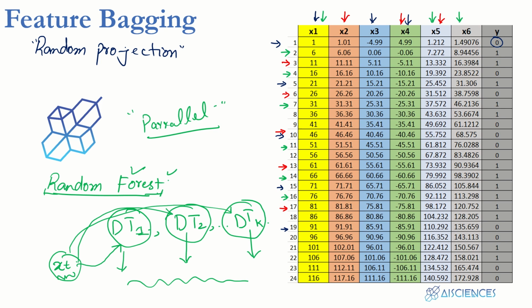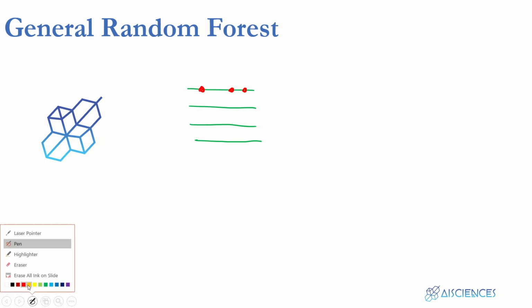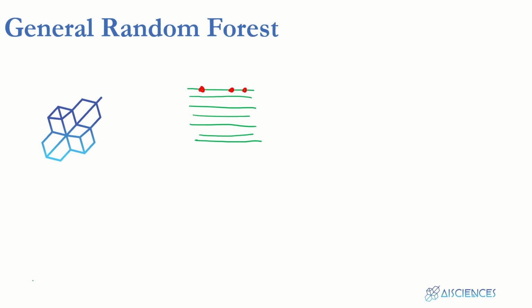I should also mention one point. Although the idea of random forest is, given the data, let's say these are different rows of the data, and let's say I pick this feature, and then this feature at random, and pick, for example, just these rows that are marked in red.